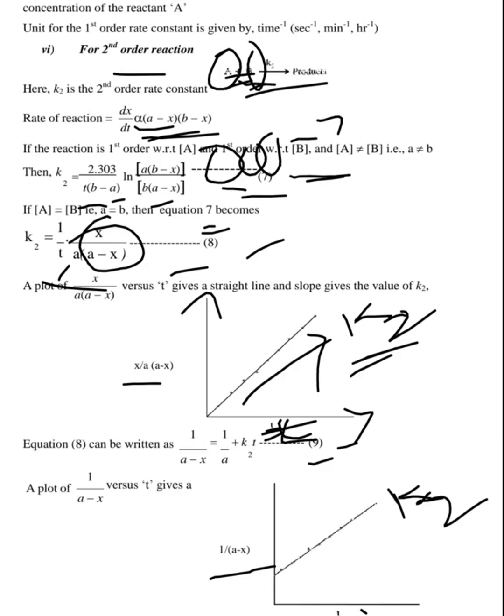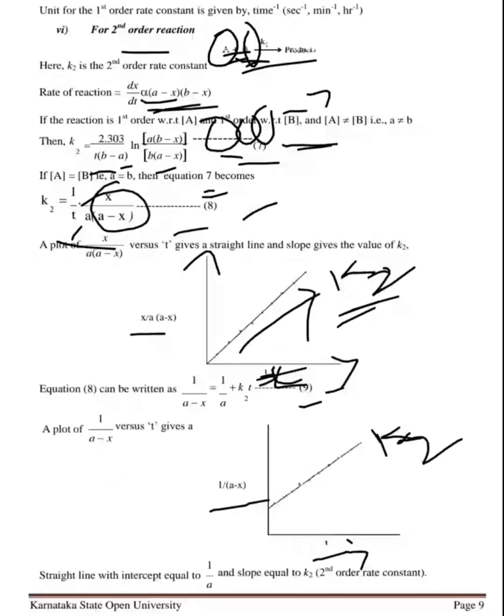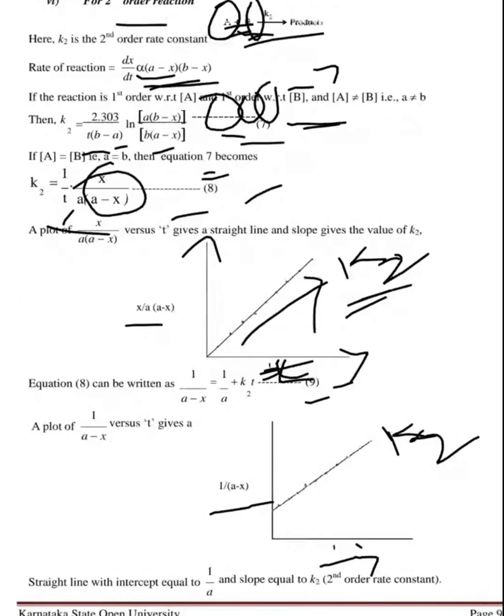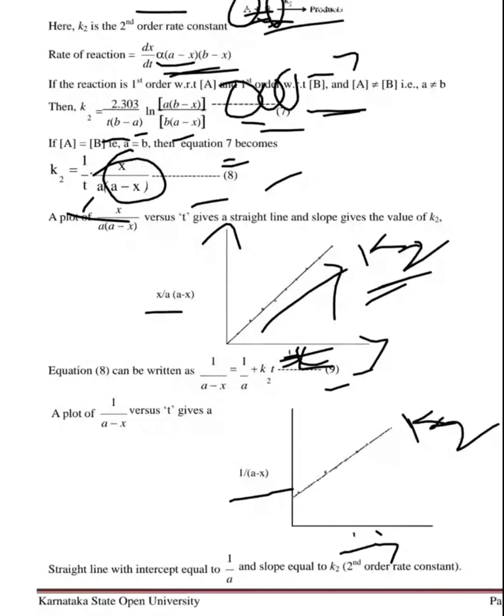This is the 1 by a, and the slope can be written as K2. K2 is nothing but the rate constant of this plot.